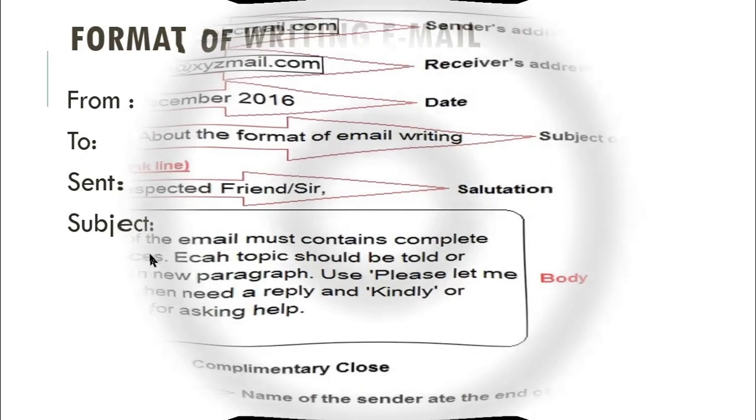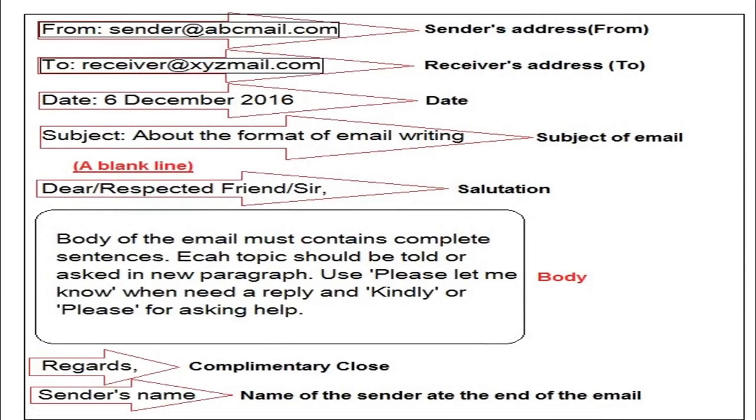Now, I'm going to explain the format for you. So you can see here, from. This from indicates the sender's address, and this to indicates the receiver's address. While writing an email, you have to be very careful about these points.